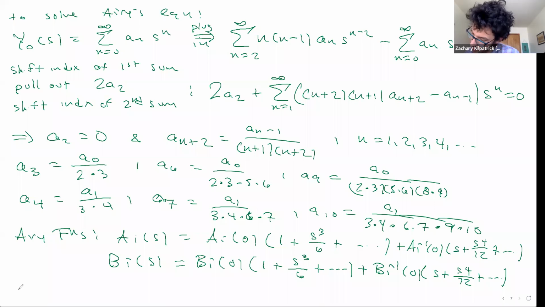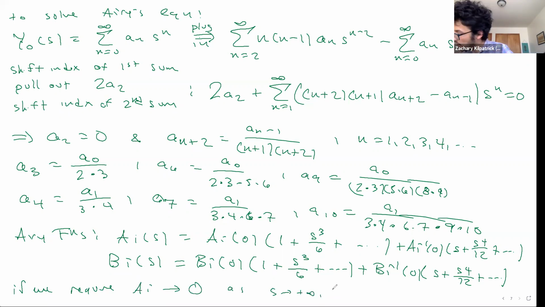So if we want a function that has Ai going to 0 as s goes to positive infinity, we need to take Ai of 0 equal to 1 over 3 to the 2/3 times the gamma function of 2/3.